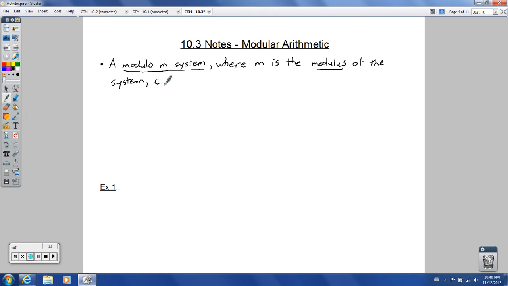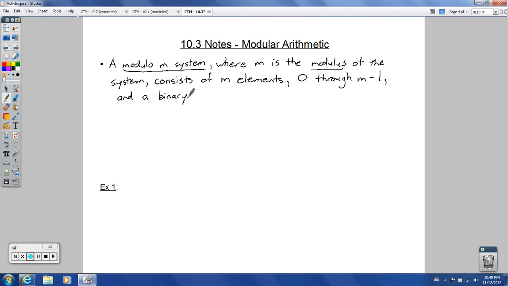So what this modulo M system is, it's something that consists of M elements, and those elements are 0 through M minus 1, and it also has a binary operation.